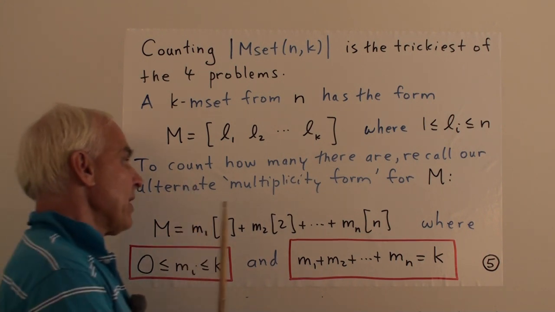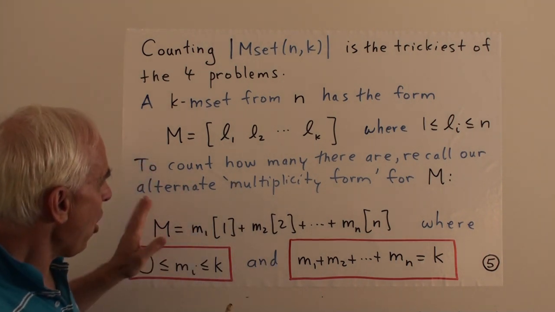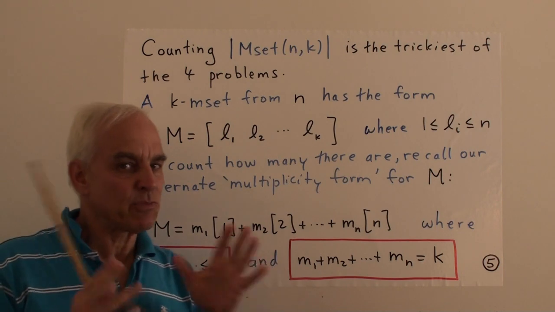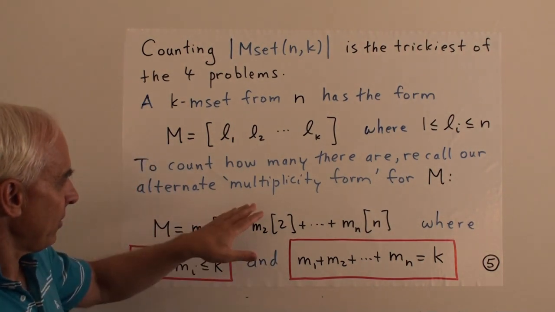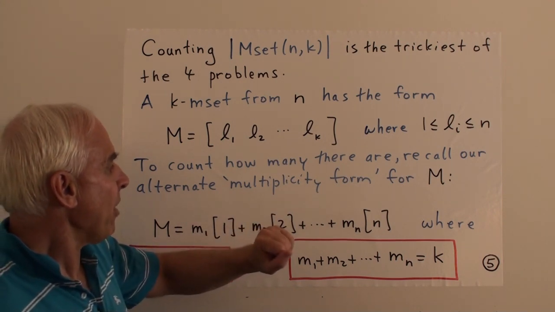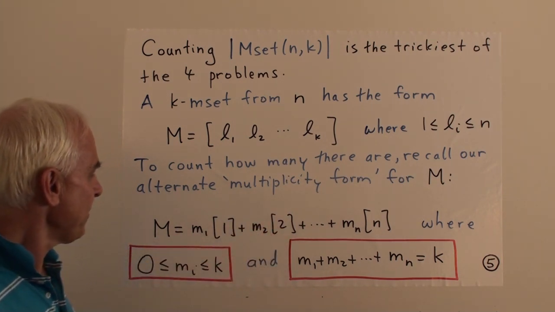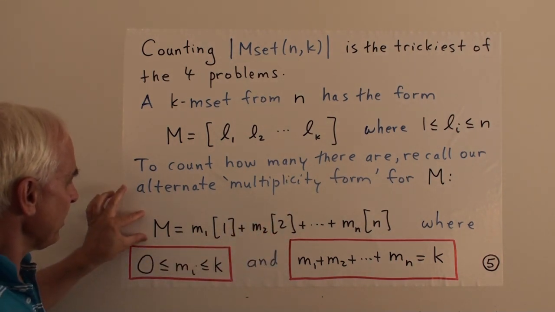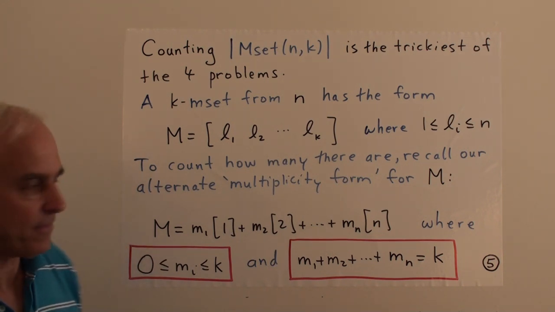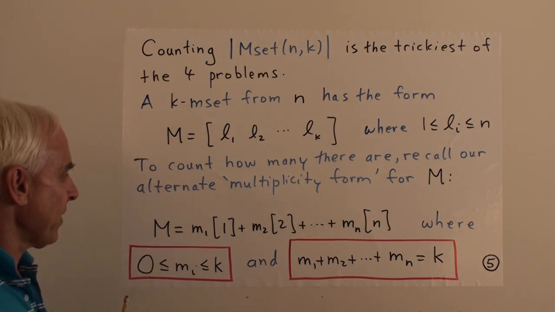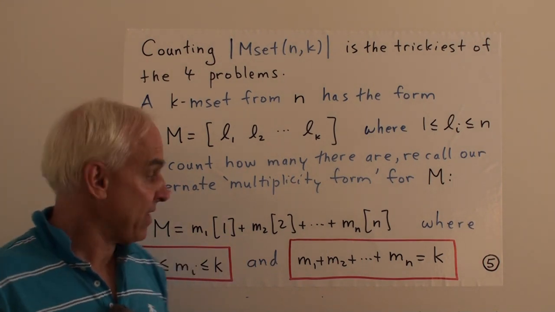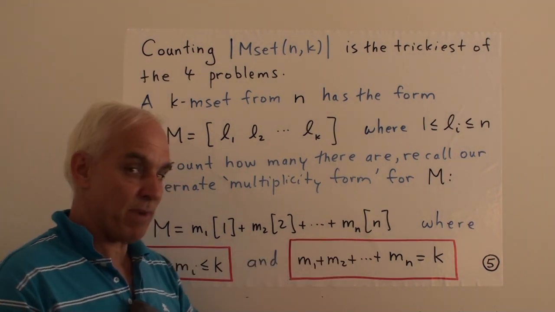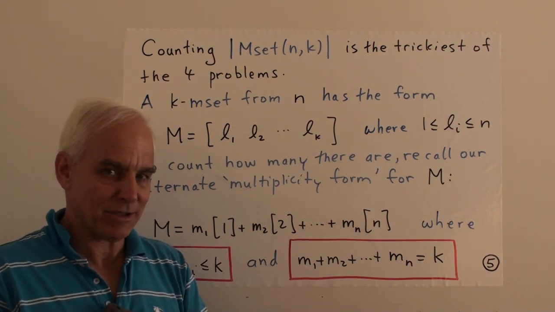Well, to count that, let's remind ourselves that we had an alternate way of expressing or writing down a multiset. Maybe we called that the multiplicity form at some point. And here is the alternate way of writing such a multiset. We use the fact that we can add multisets and that we can multiply multisets by numbers to represent multiplicities.